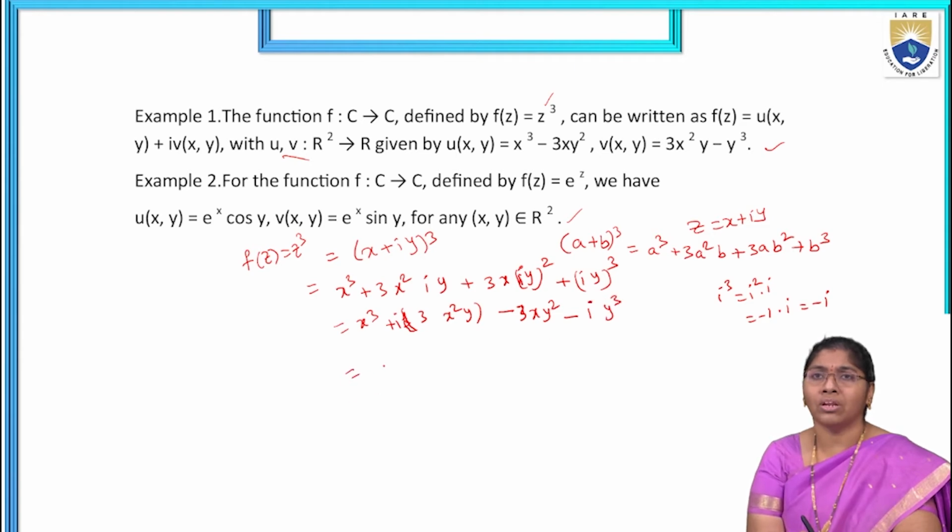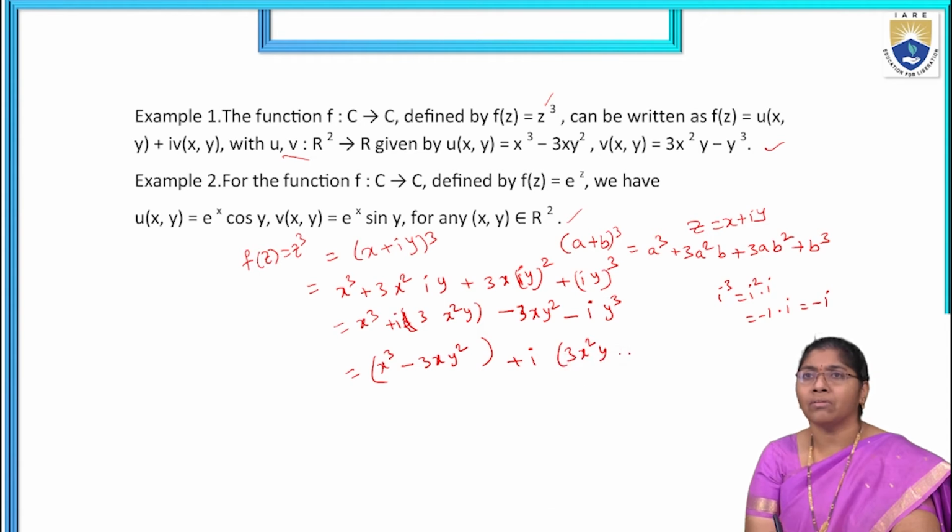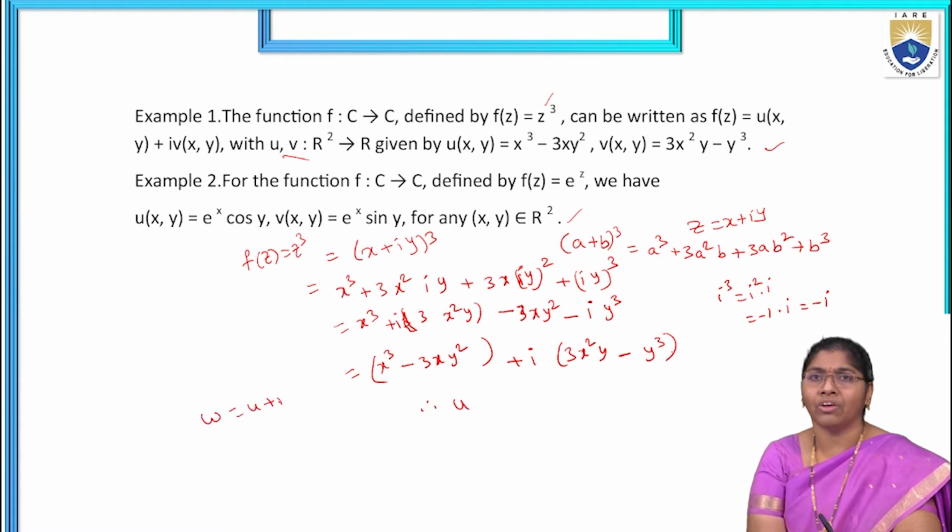Now what are the real values? x cube minus 3x y square is the real part, and the imaginary part is i into 3x square y minus y cube. Therefore w equal to u plus iv.